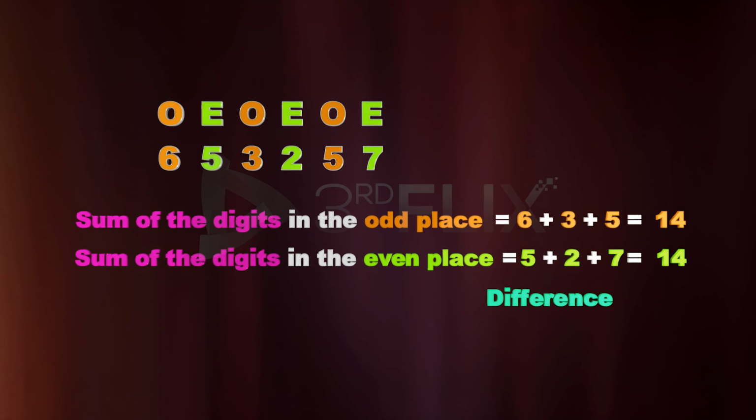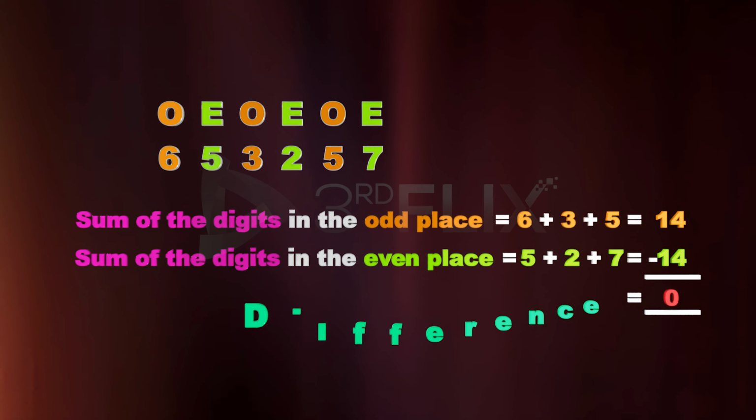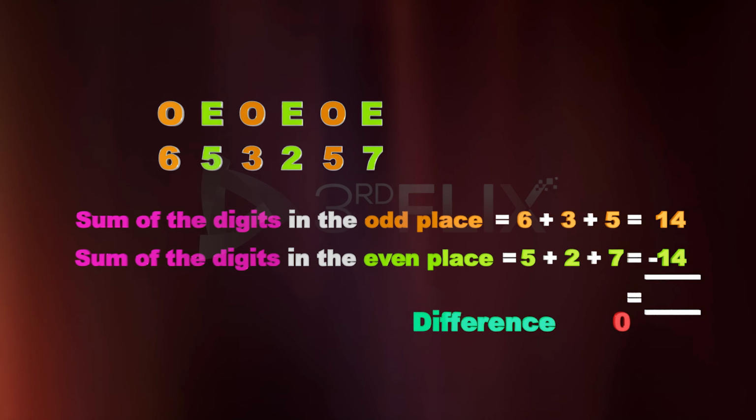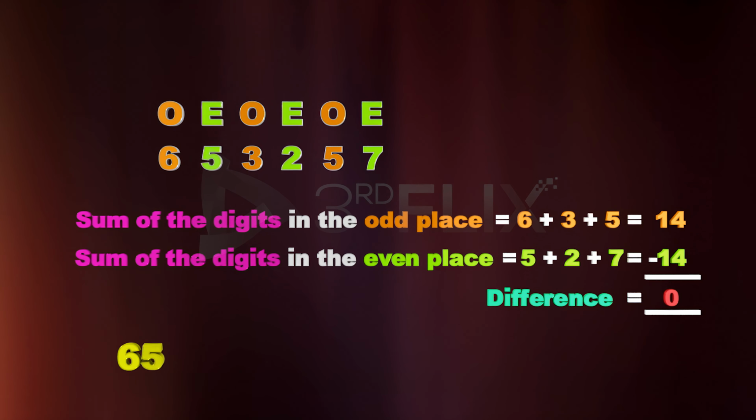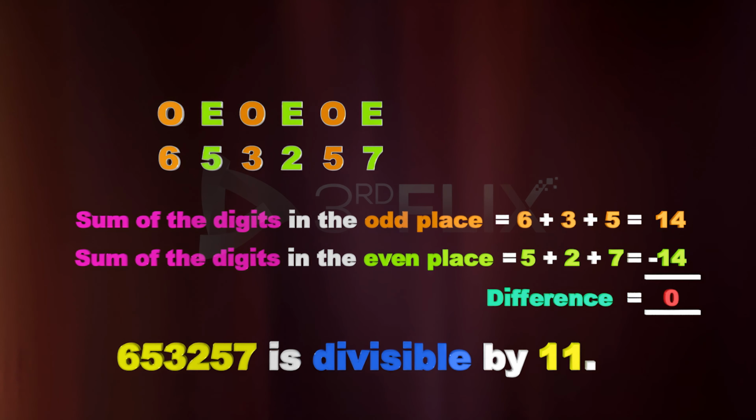Difference equals 0. Here, the difference is 0. So, 653257 is divisible by 11.